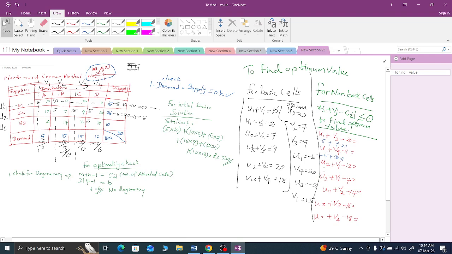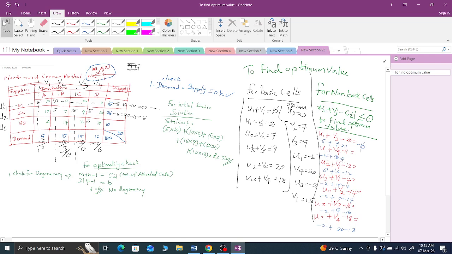Here u2 is 0, v1 is 15, minus 12. u3 is minus 2, v1 is 15, minus 4. u3 is minus 2, v2 is 7, minus 14. u3 is minus 2, v3 is 9, minus 16. u3 is minus 2, v4 is 20, minus 18.